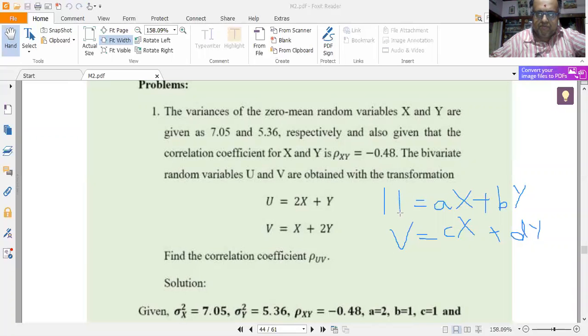This is U is equal to ax plus by, V is equal to cx plus dy.